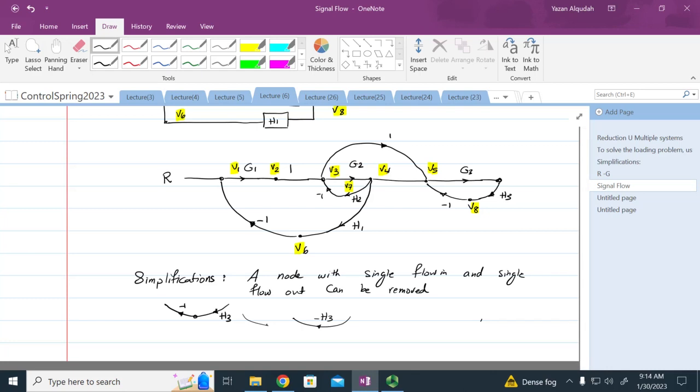I can just combine them and remove that node, and I have -H3. If I have a node that has G1 and a 1 here, this is the same as just having G1. Okay, we'll stop here.